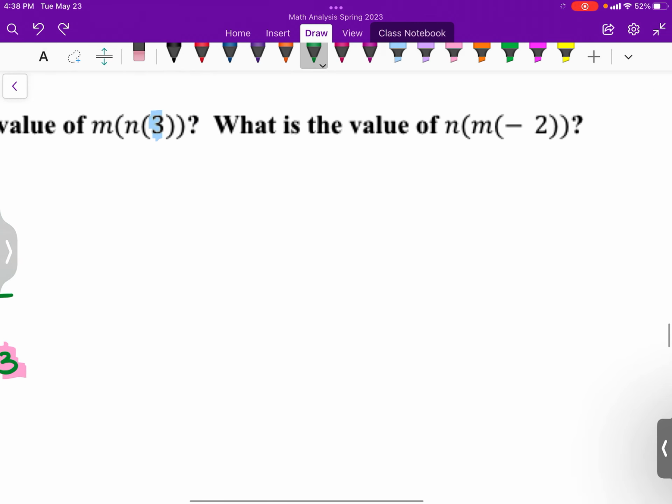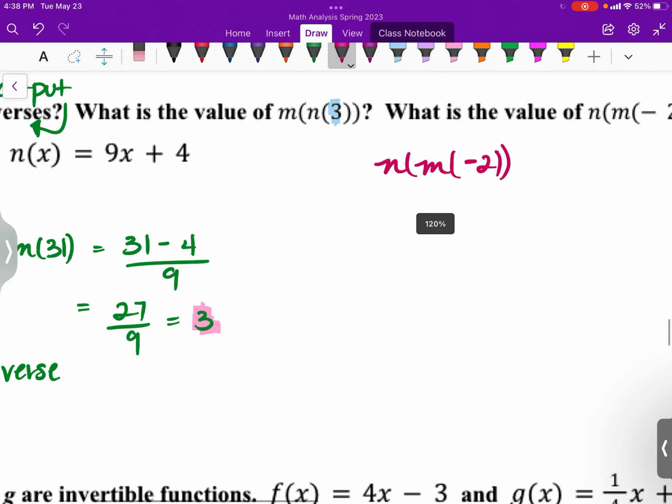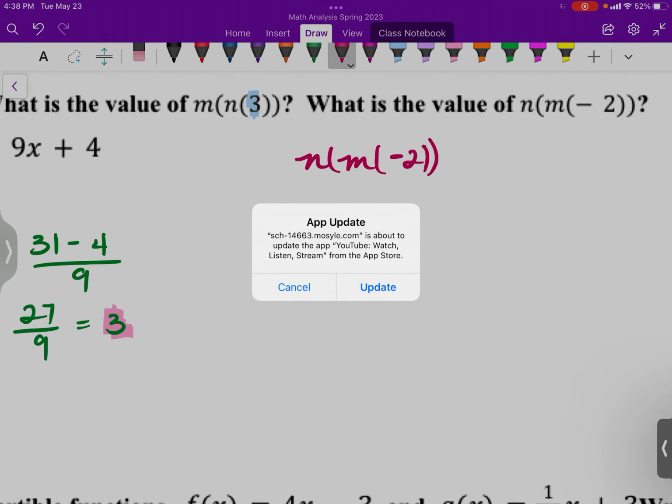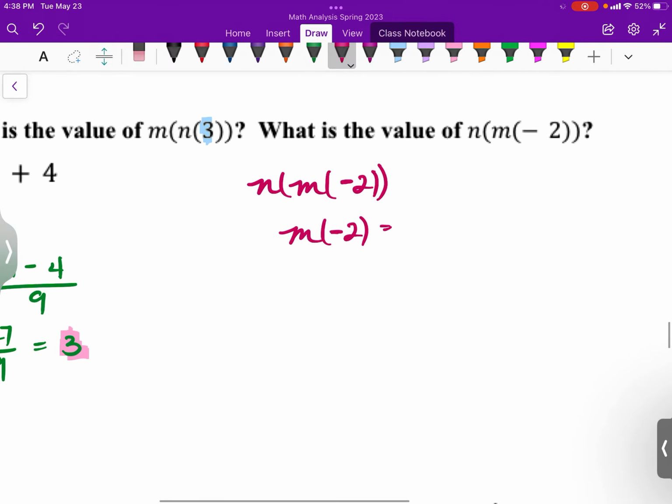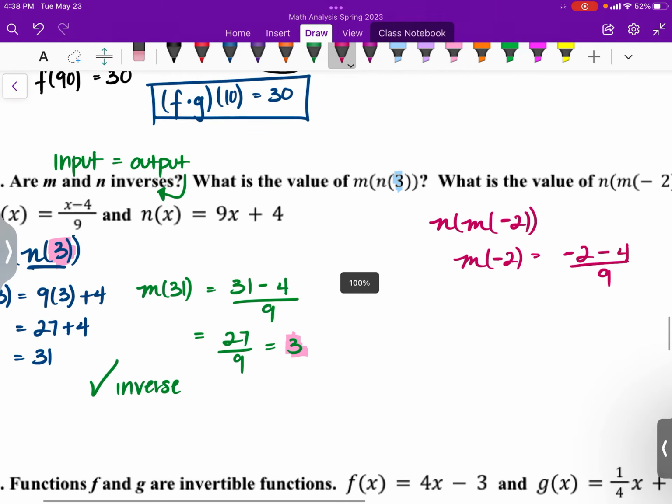In this case, the other one, we are doing n of m of negative 2. So m of negative 2 is equal to negative 2 minus 4 over 9.